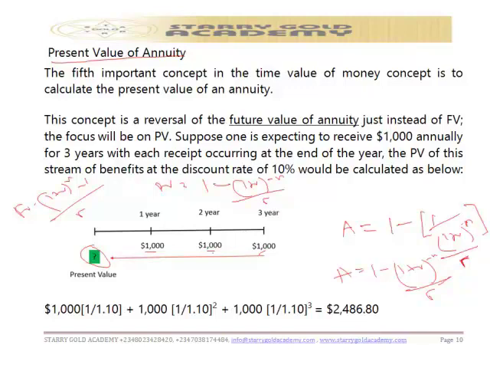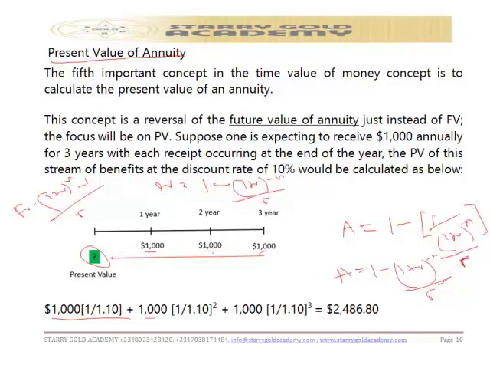Understand? So, how do you now do it? You can use the timeline. For the first year is 1,000 divided by 1.1, plus 1,000 divided by 1.2.